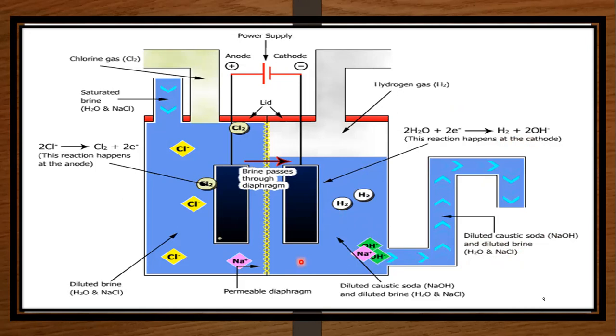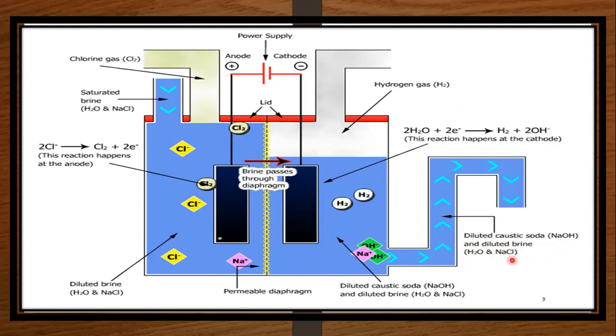But they form a dilute solution of sodium hydroxide because through this permeable wall, the brine solution also passes through it. In this way, in the product, we get two products, sodium hydroxide and the brine.